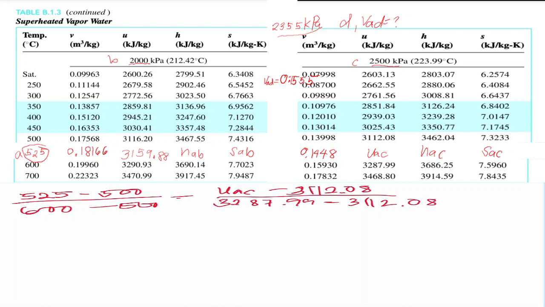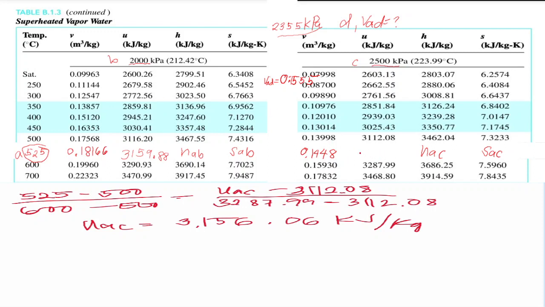Thus the value of your UAC is equals to 3156.06, that is in kilojoules per kilogram, and we have to substitute that here.